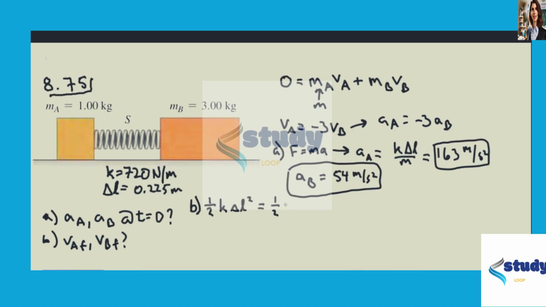This is equal to 1/2 m, ma just calling m, VA final squared, which we'll just call V, plus 1/2 3m, so this is for this one. And we saw that the velocity of B is always going to be 1/3 that of A, so V over 3 squared.